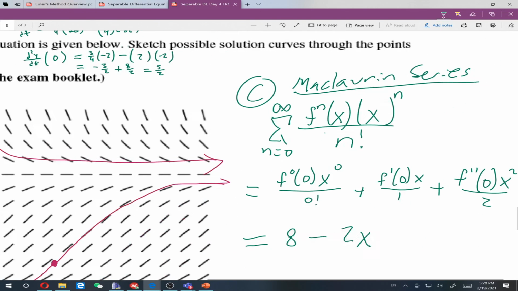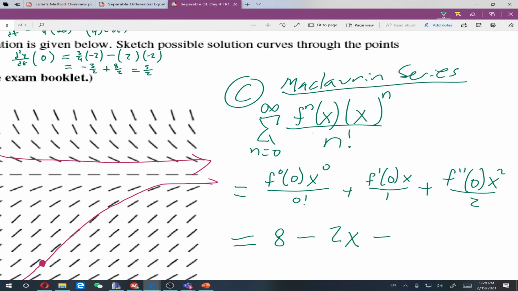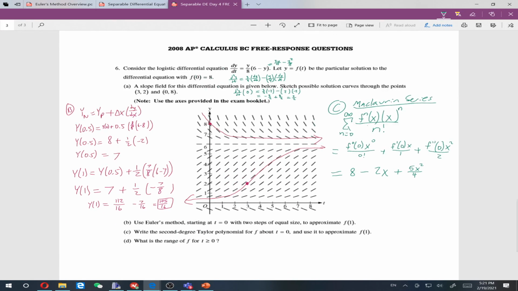So 5 over 2 is our second derivative, and I can plug that in. So this will be plus 5 over 2 times x squared divided by 2. What should I write? 5x squared over 4. Perfect. Okay, we've got a second degree Taylor polynomial of our function.